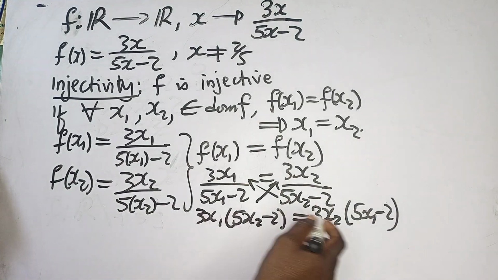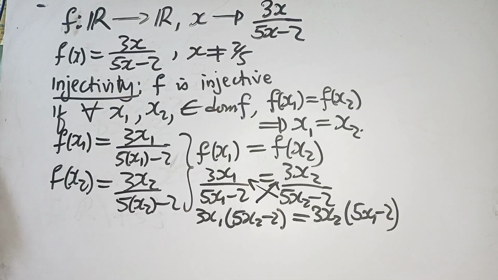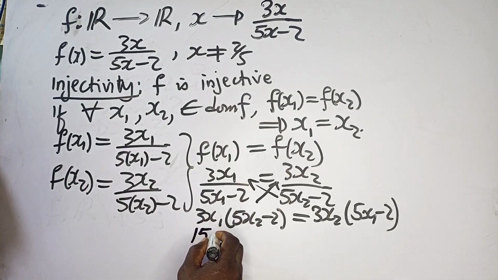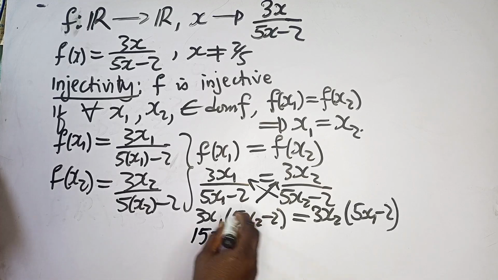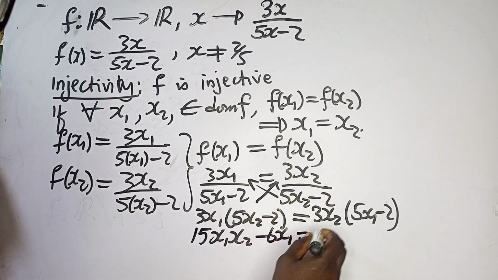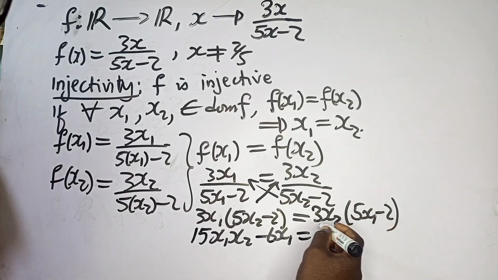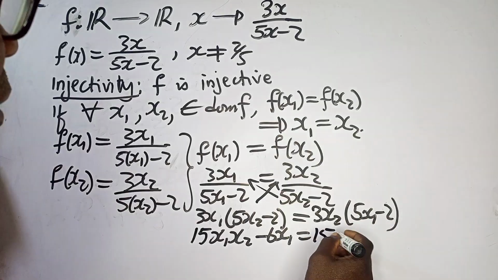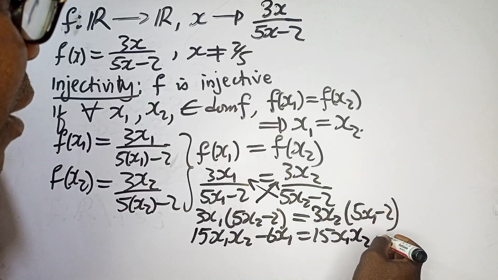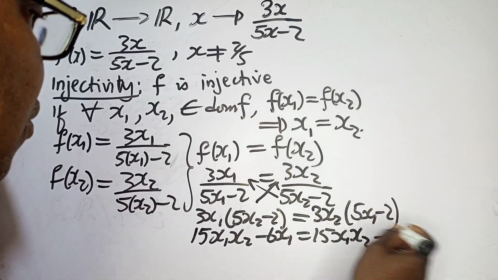Now, if we open out the parentheses, we obtain 3 multiplied by 5, 15x1x2, and 3x1 multiplied by negative 2, negative 6x1. On the other side, we have 15x1x2, and negative 6x2.